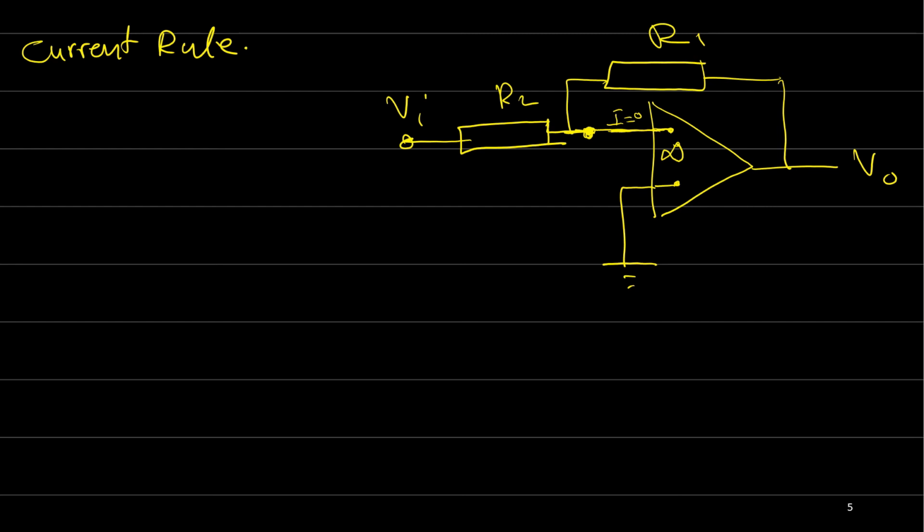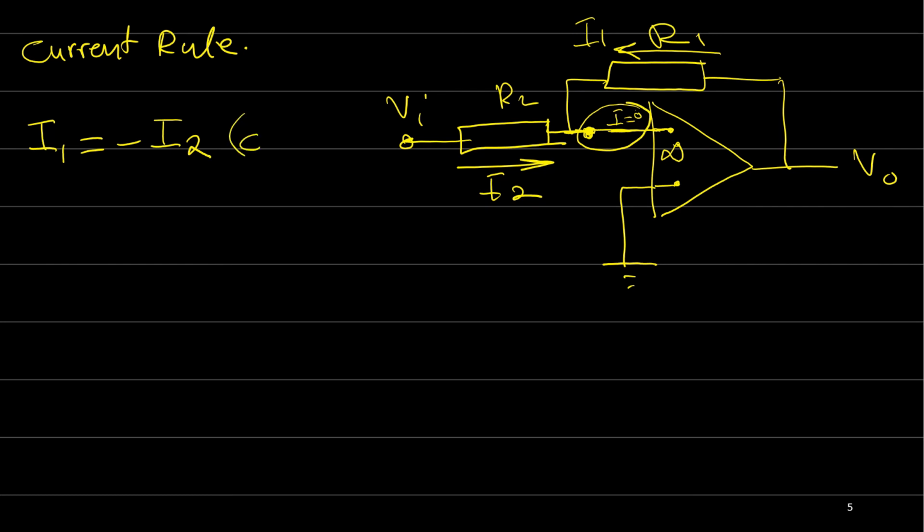And if we assume that we have current I2 inside the resistor R2 and current I1 inside the resistor R1, because the current here is 0, I1 must be equal to minus I2, right? Because they are assumed in opposite directions. And this is the current rule.